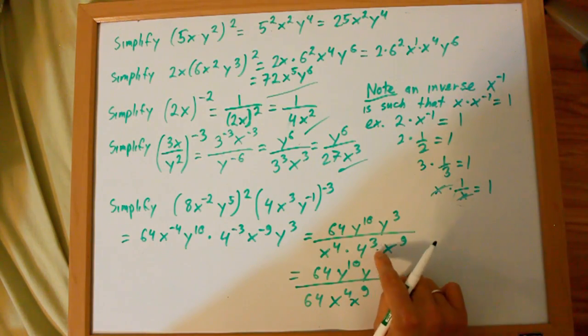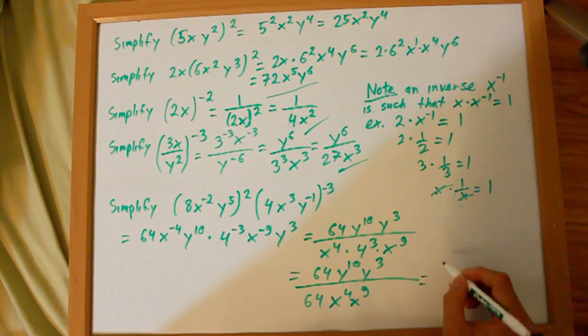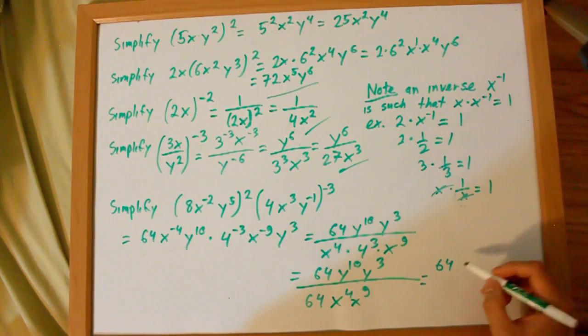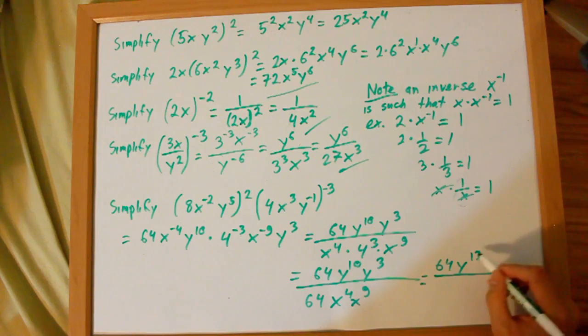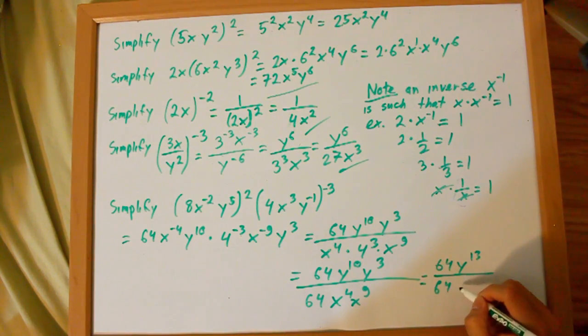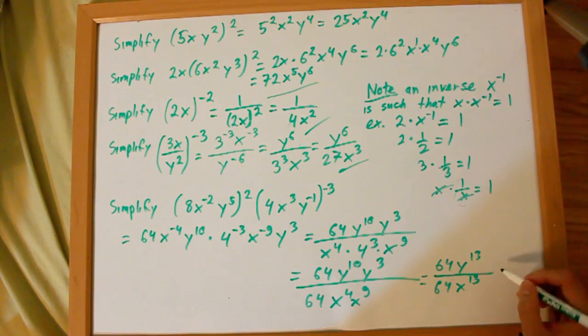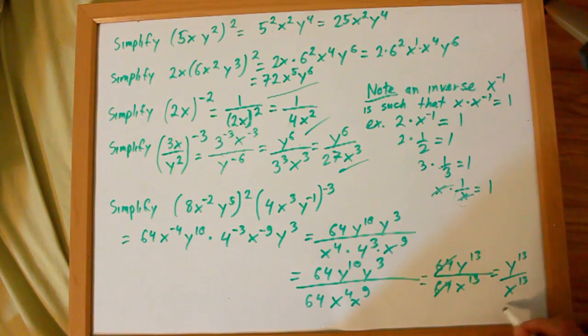Okay. Add them together: 13. 64, x to the 13. You can cancel 64 out, and your final answer is y to the 13 over x to the 13.